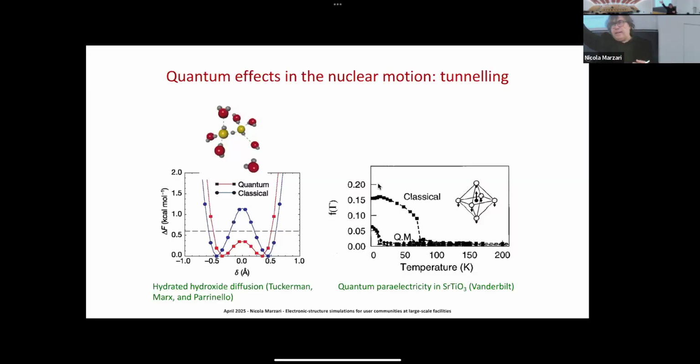You lower it, it goes tetragonal, orthorhombic, rhombohedral, or, like lead titanate, it goes directly tetragonal and stays. And if we were to treat all the nuclei as classical, this is what you would have. As you decrease the temperature, you have a first order phase transition, your order parameter becomes different from 0, and you have a ferroelectric. But strontium titanate is not ferroelectric, even at very, very low temperature.